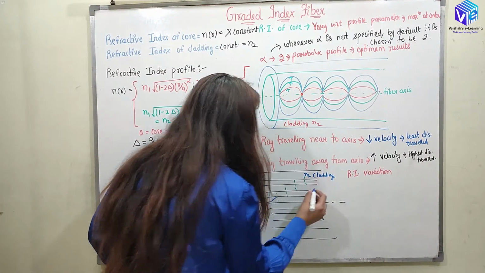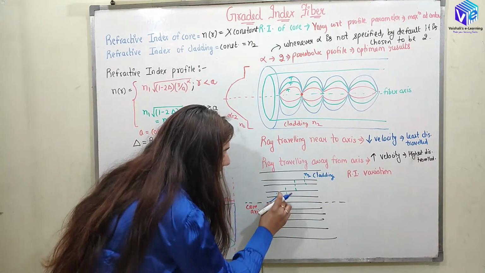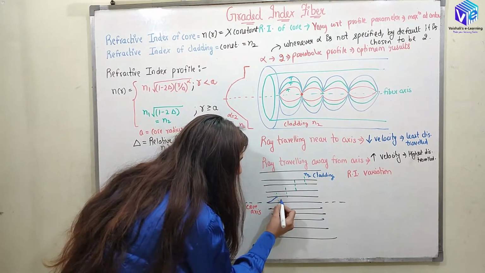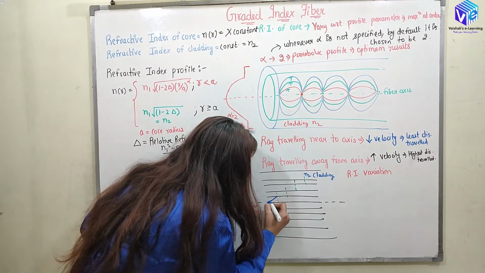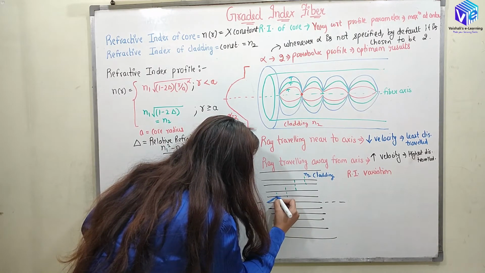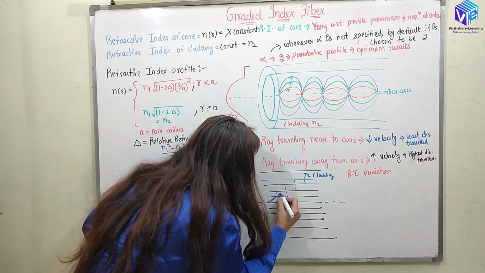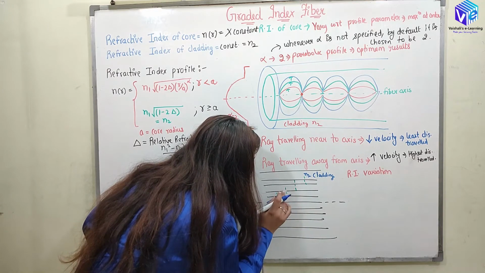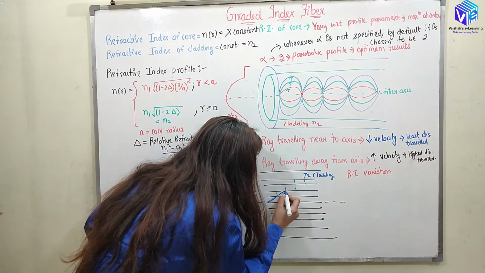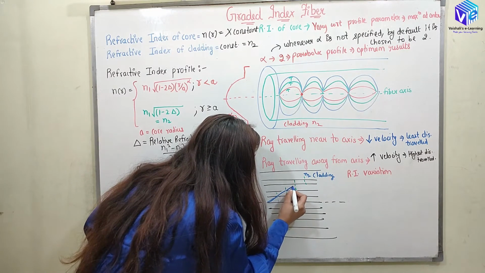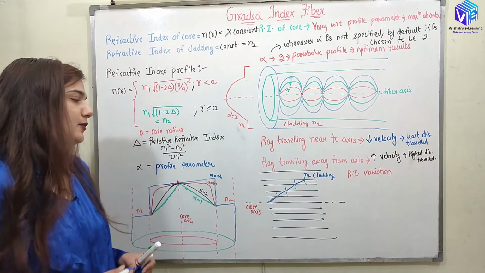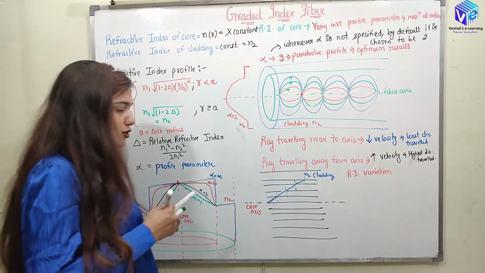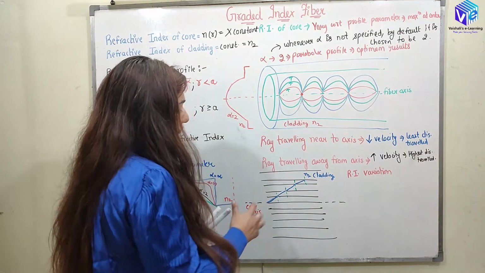So here we have N2 and here we have the different refractive index, and from here up to this point I have considered the refractive index to be similar. So the ray is traveling in a straight line, and then here it will be bending away from the normal, and this is how it will reach this point. Again it will bend away from the normal and reach this point, and this is how it is going to follow a parabolic profile inside the core.